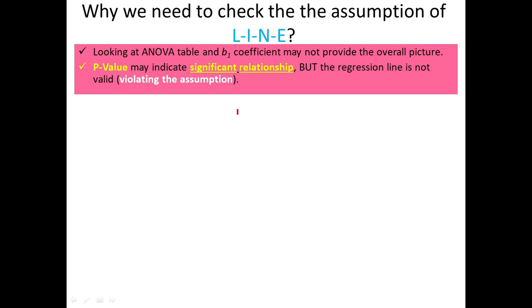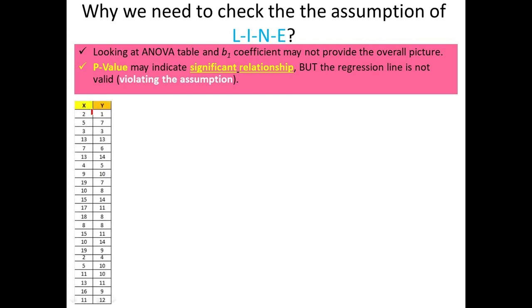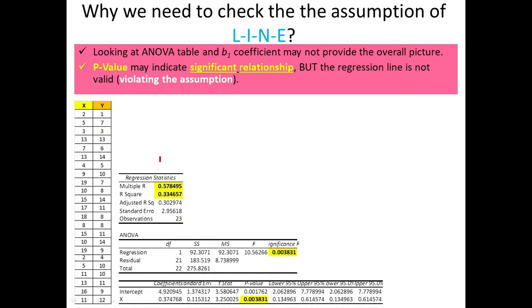So let's go to the second example. We have the X and Y data here. Then we run the regression analysis. This is the output. Initially, we may think that X and Y are significant since the p-value for X is small, less than 0.05, and the relationship is moderate, with R square 0.33.